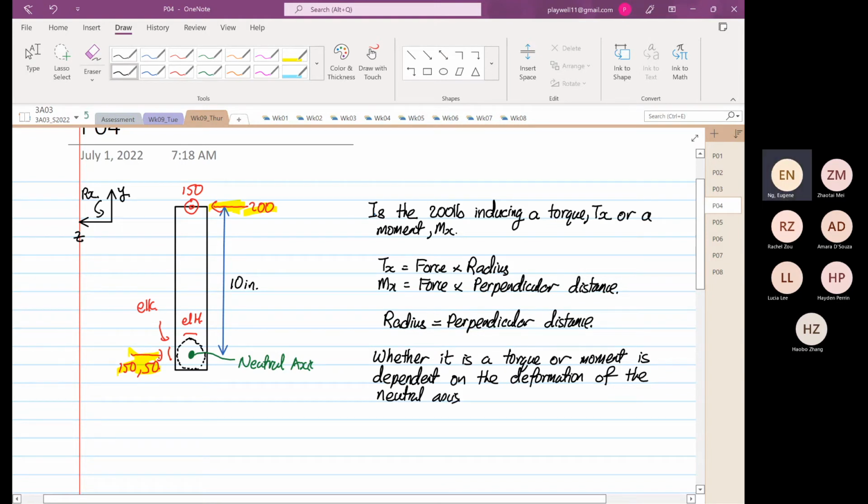Okay, so let me show you in this case what the 200 pounds could do. If we were to look at the 200 pounds, it's going to induce a deformation this way, right? So this is the deformation.